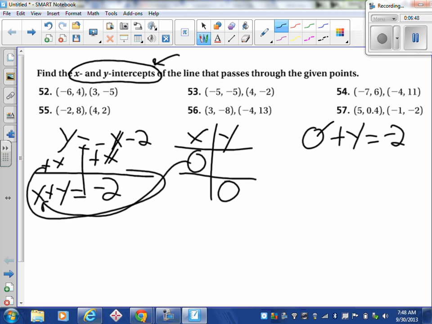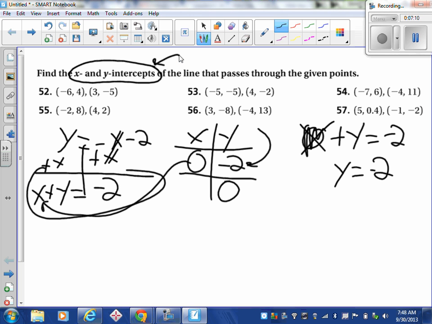This 0 really not there. You're going to erase that. And you're left with y equals -2. And I put that in my chart. Now I know my y-intercept is -2 because y equals -2.